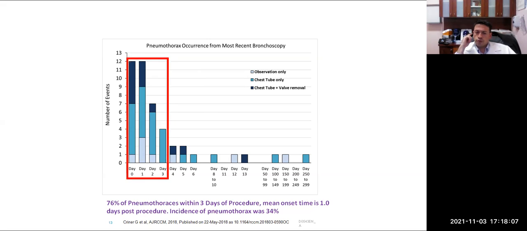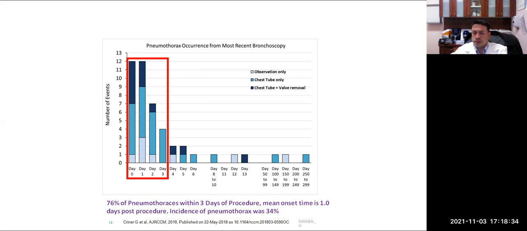But it's very important to be aware of this complication because, first of all, if this happens, it'll happen in the first couple of days. And that is why we keep all of our patients in the hospital for about 4 to 5 days after the procedure, because we want to be there if the pneumothorax occurs, and we educate all of our staff to make sure that we're prepared to deal with the pneumothorax.